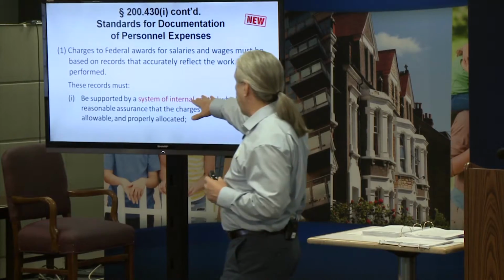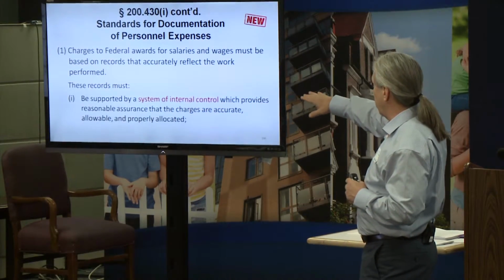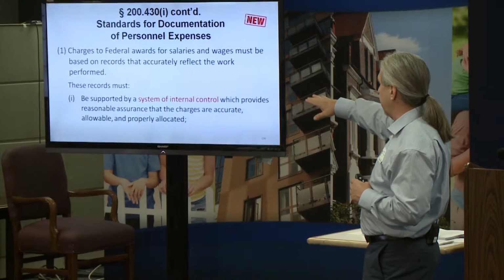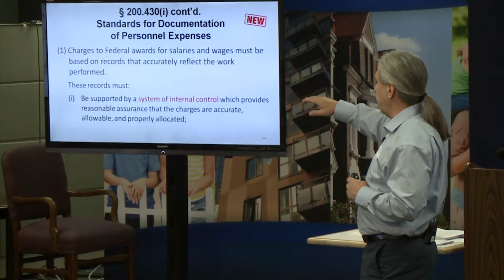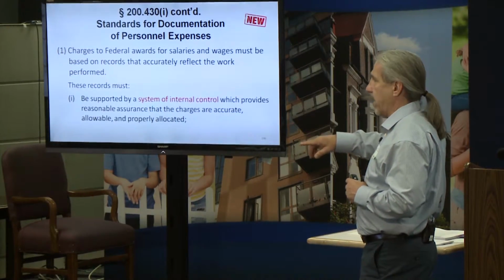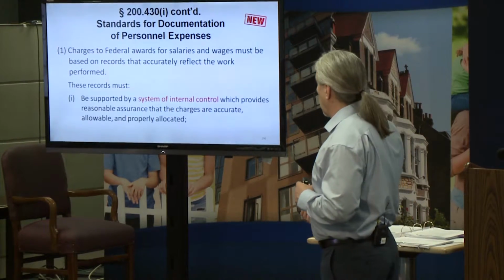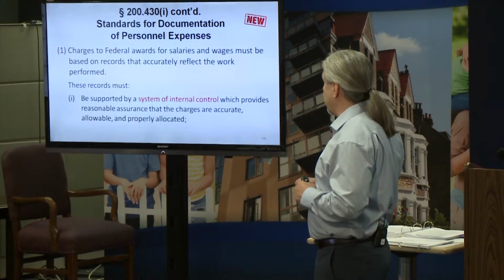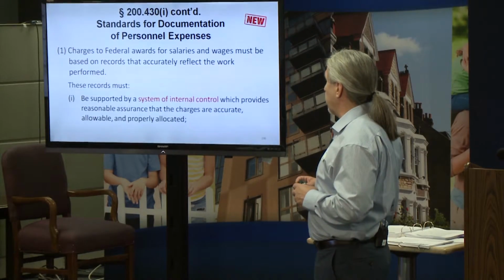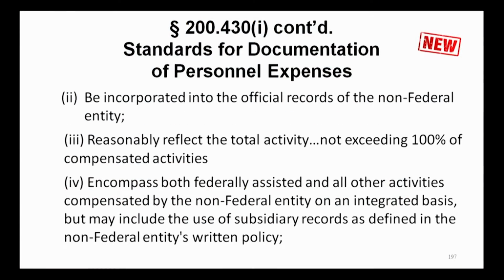And so it says this, that charges to federal awards for salaries and wages must be based on records that accurately reflect the work performed. So these records must be, one, supported by a system of internal control, which provides reasonable assurance that the charges are accurate, allowable, and properly allocated; that they're incorporated into the official records of the non-federal entity, so they're part of your record keeping; and also that they reasonably reflect the total activity, not exceeding 100% of your compensated activities.